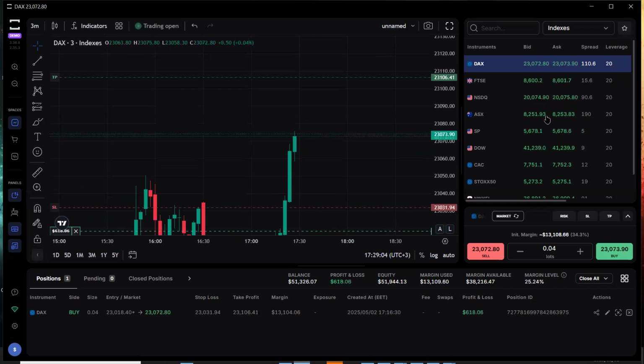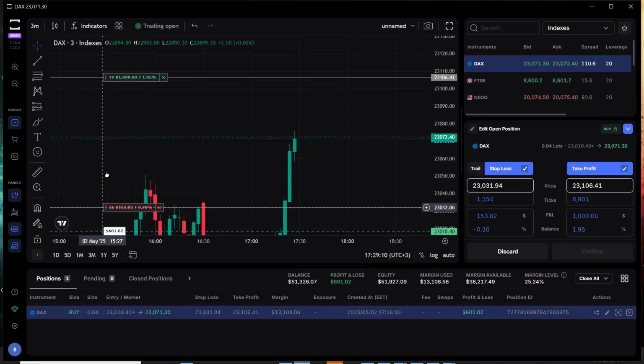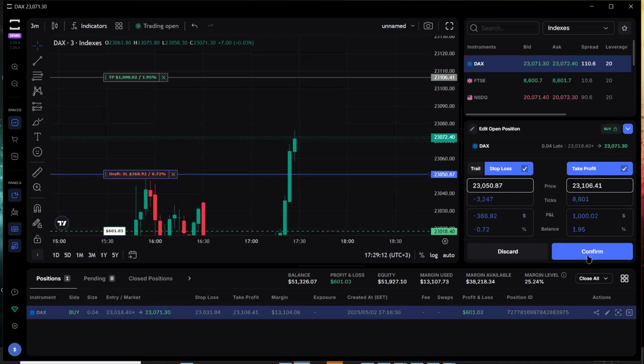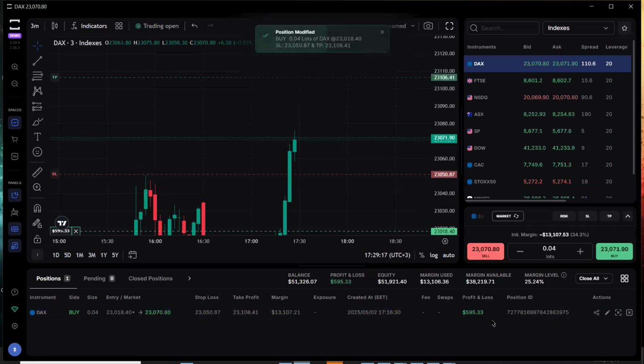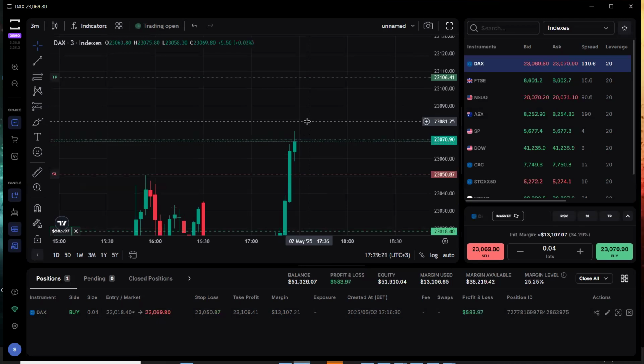Okay, we're approaching. If we approach where I think we will go, I'm going to move my stop loss again, trail a bit. If we get to the 700s, I'll just close manually because my TP is slightly above.